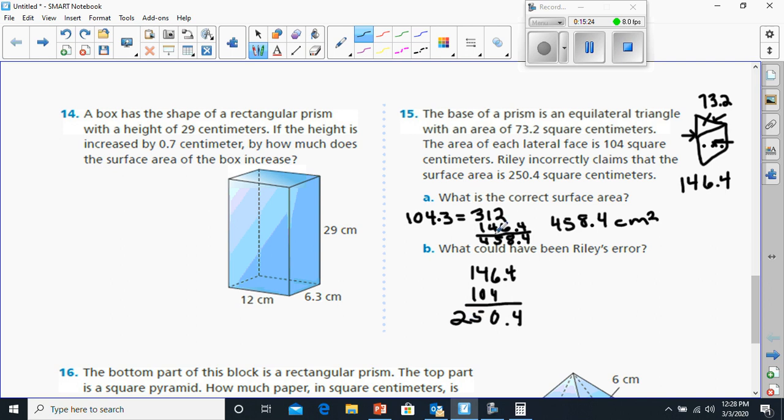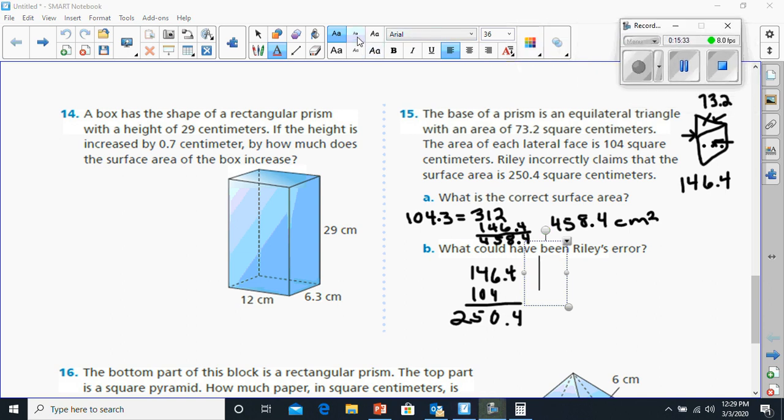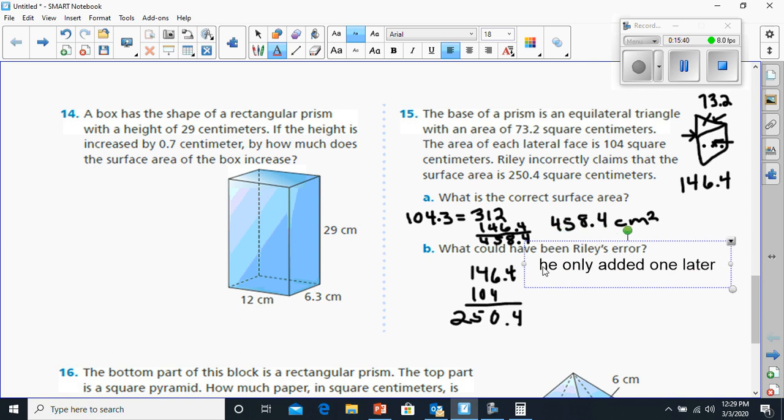So I'm going to say his mistake was he only added 1 lateral face instead of 3.